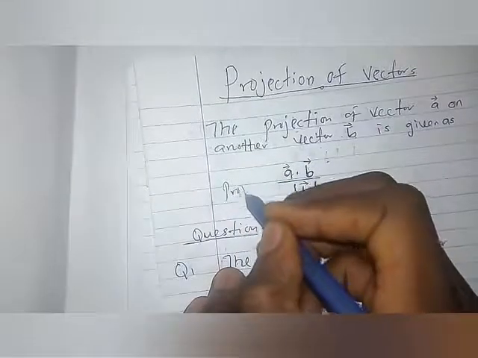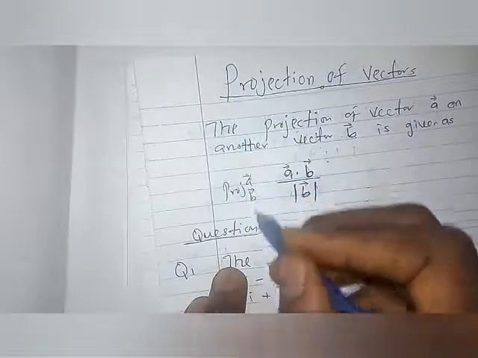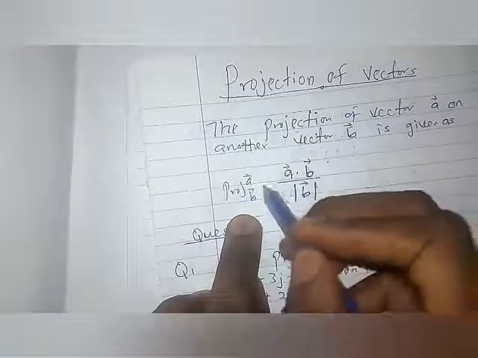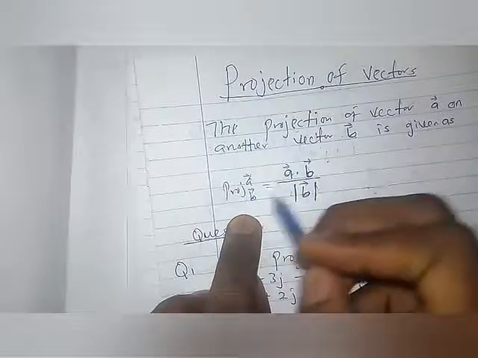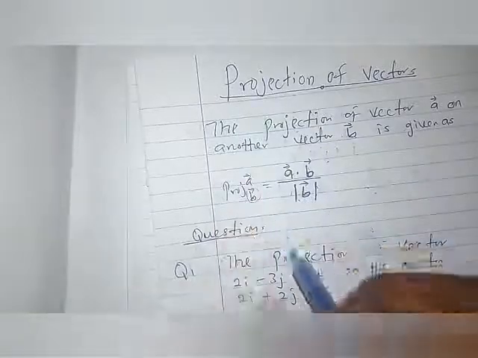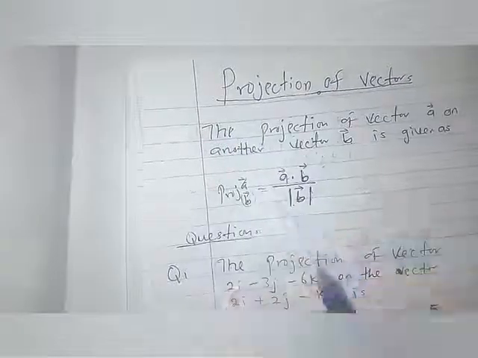Vector A is projected on vector B, so dot the two vectors together and divide by the magnitude of the vector which the first vector is projected on.